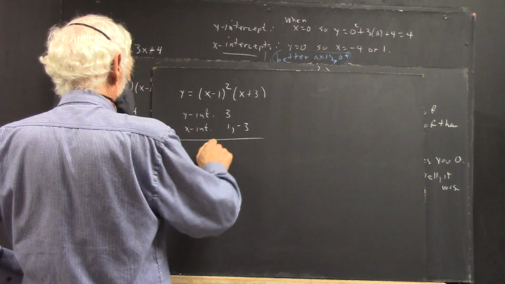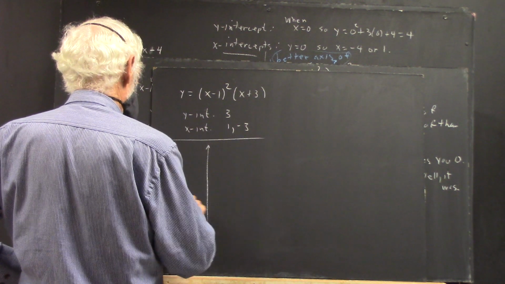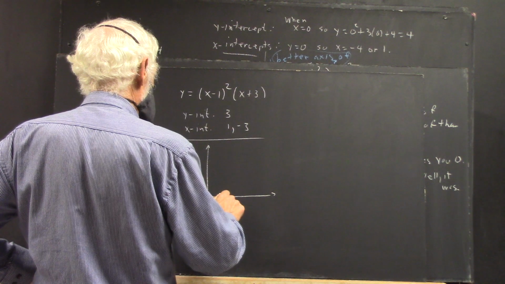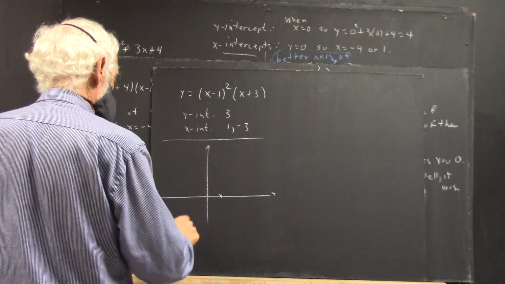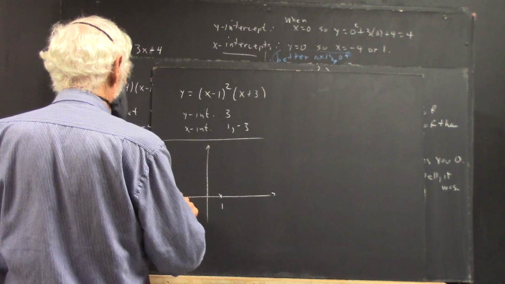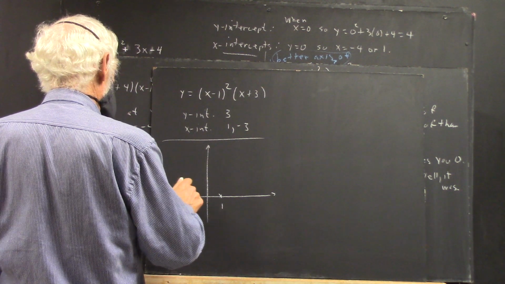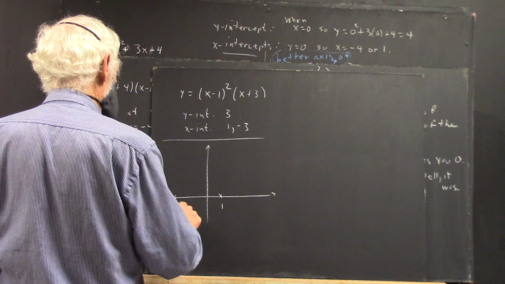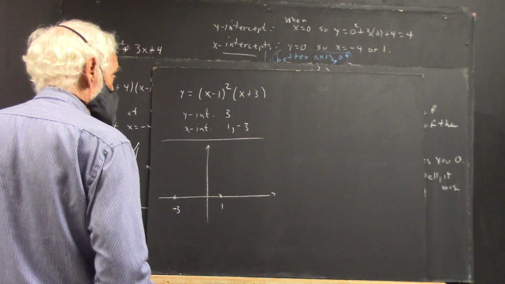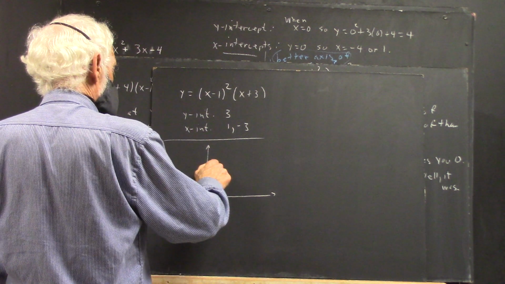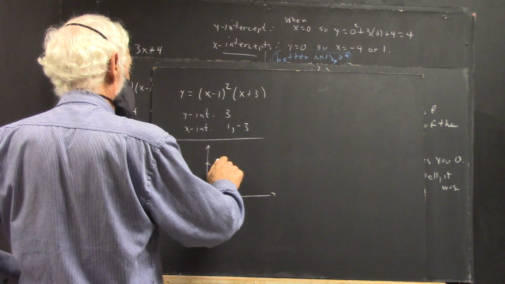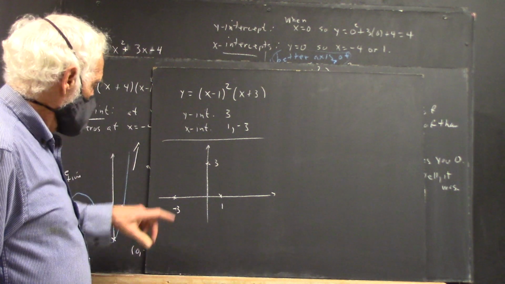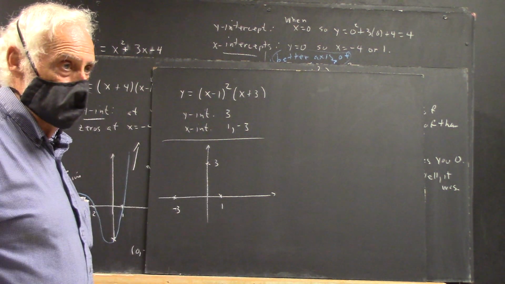So if you want to graph this, you got an x-intercept at 1, an x-intercept at negative 3, and a y-intercept at 0, 3. So here are the intercepts.